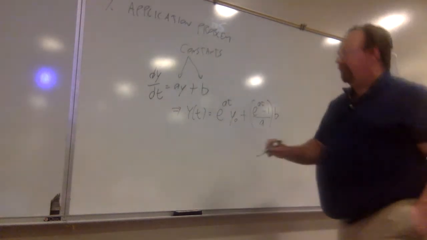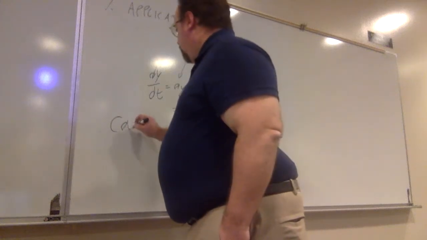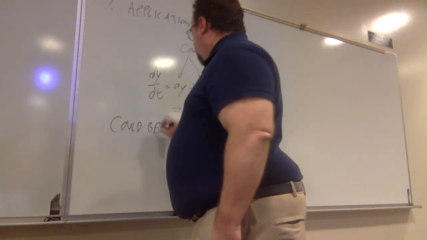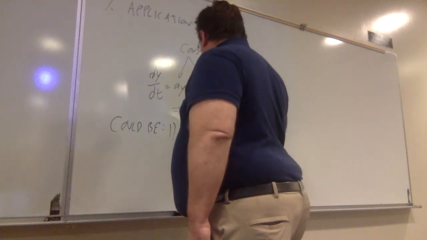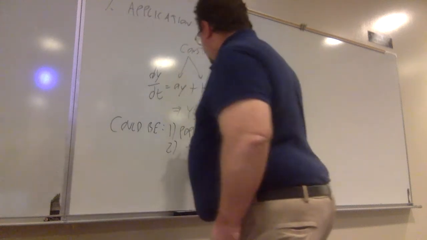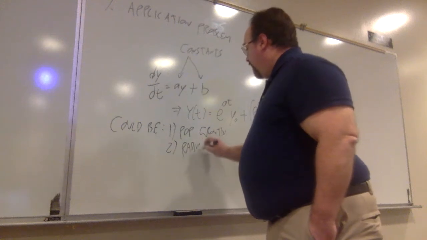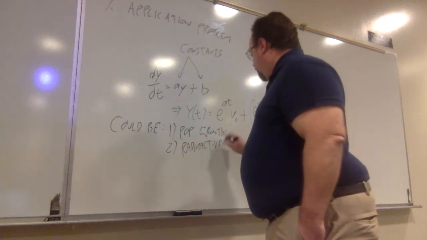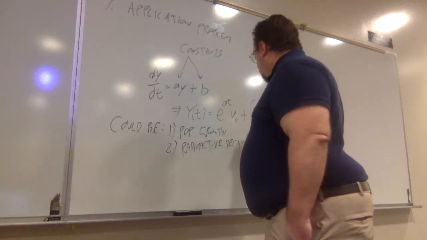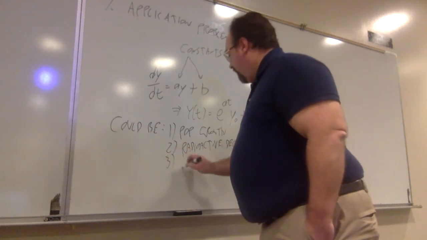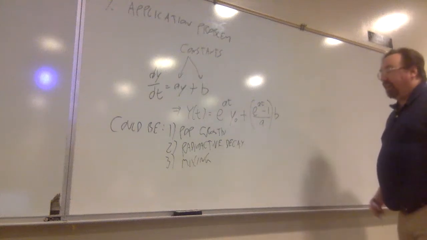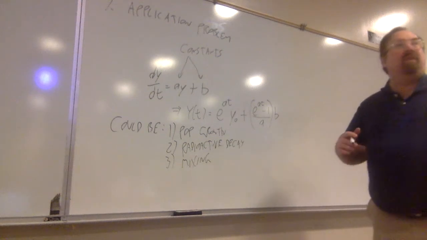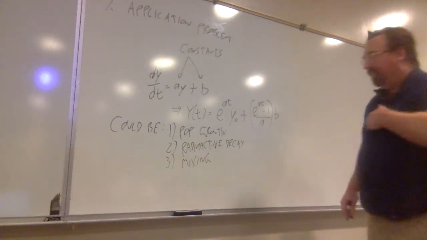Possible applications. I'll give you 4 possibilities. Population growth. Radioactive decay. A mixing problem, that's the kind that is on the practice test, like we have a dye in a solution, things like that.